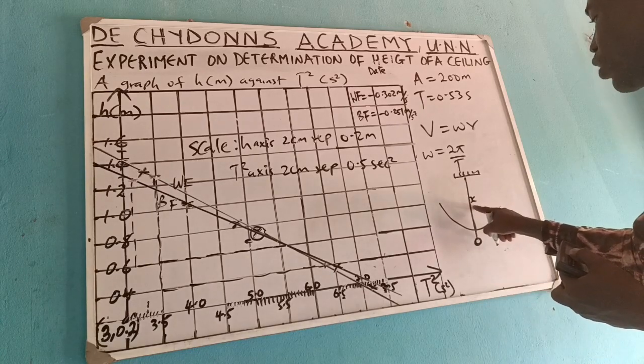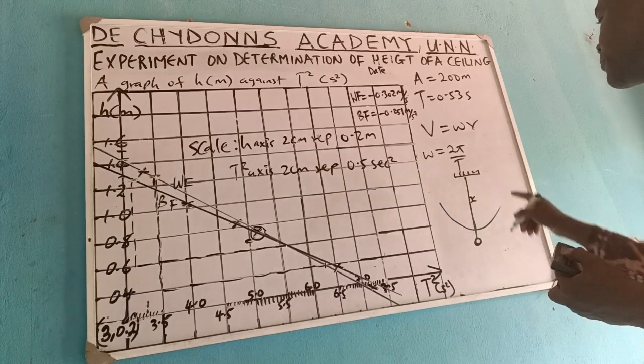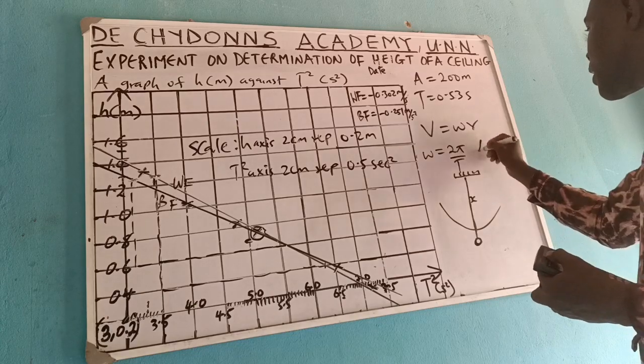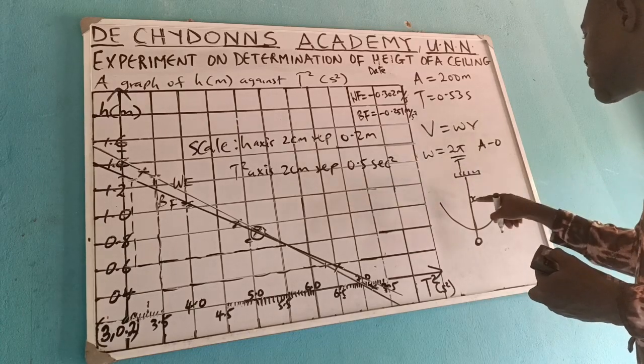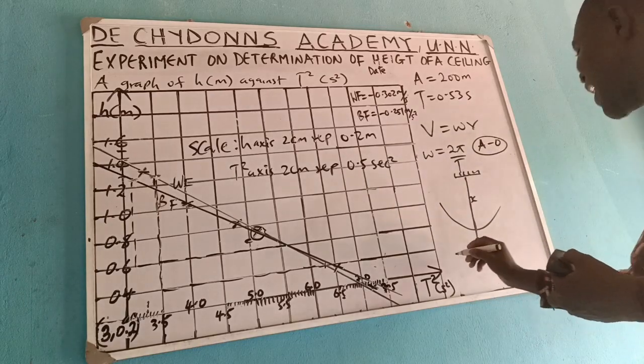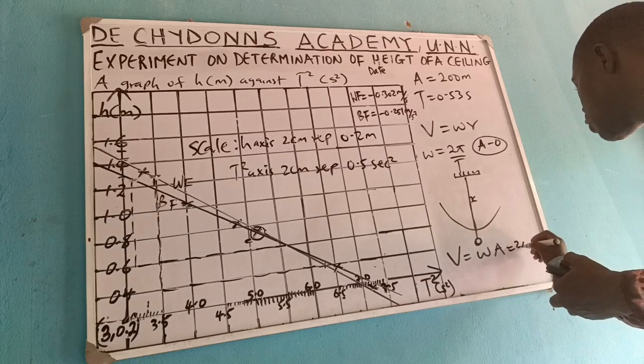Once x is equal to 0, the implication is that we'll be having A minus 0. That means we'll be having our distance to be A. Therefore, we say that v will be equal to wA, and is equal to 2 pi over T times A.